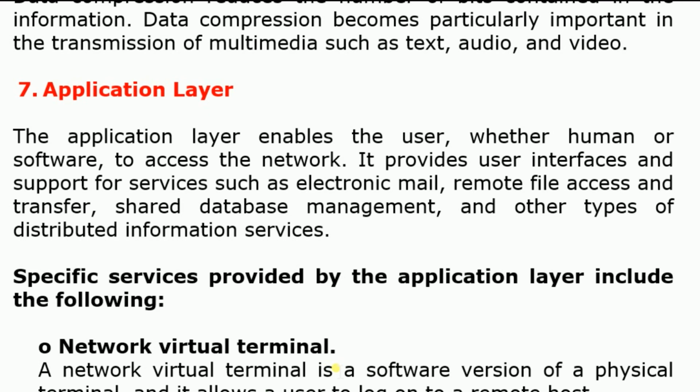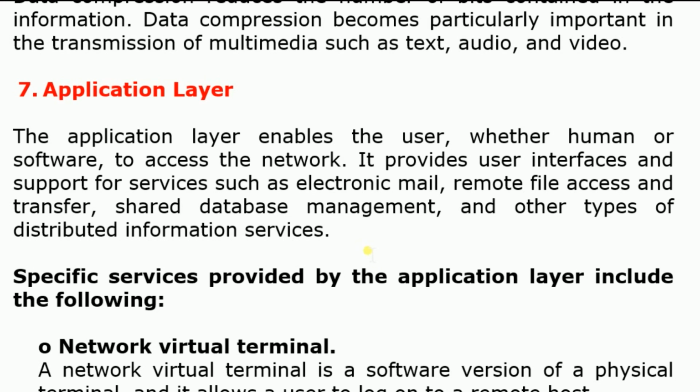Application layer. It enables the user, whether human or software, to access the network. It provides user interfaces and support for services such as electronic mail, that is email, remote file access and transfer, shared database management, and other types of distributed information services.